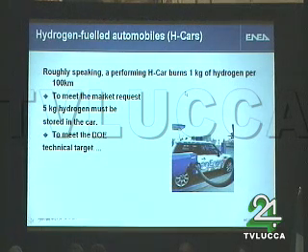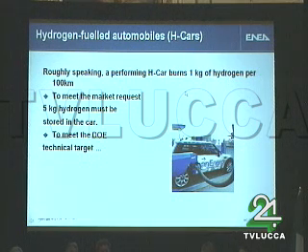The hydrogen car is emerging as an alternative way to power automobiles. Roughly speaking, to run about 100 kilometers, we need about 1 kilogram of hydrogen. To meet market requests, about 5 kilograms of hydrogen should be stored in the car.